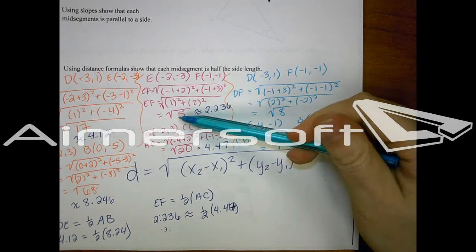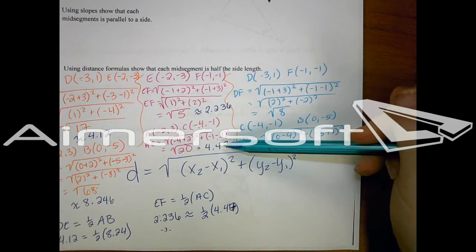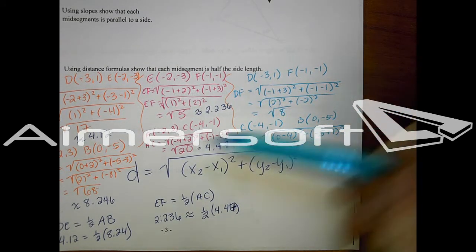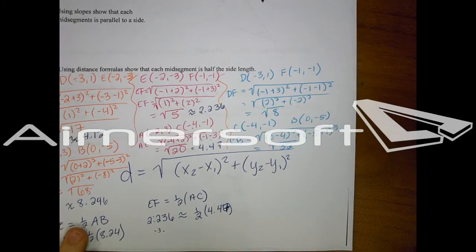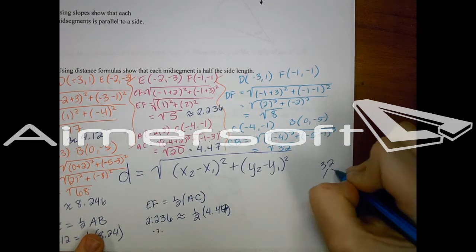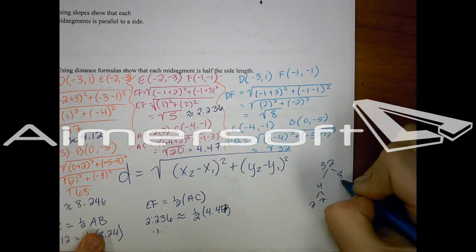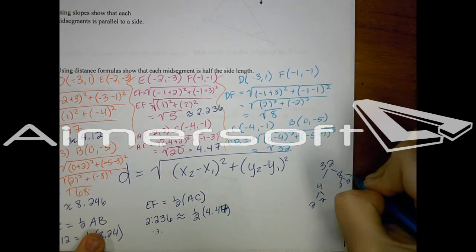Now for all of these problems, you can do the decimal answer, but you can also just reduce each of your radicals. So if I do a factor tree on 32, it factors to 4 times 8, this is 2 times 2, and this is 2 times 2 times 2.